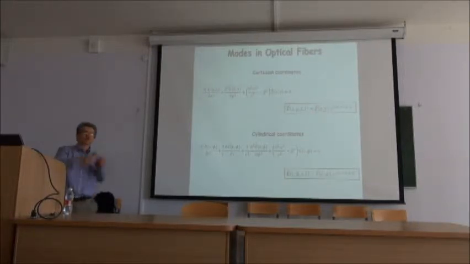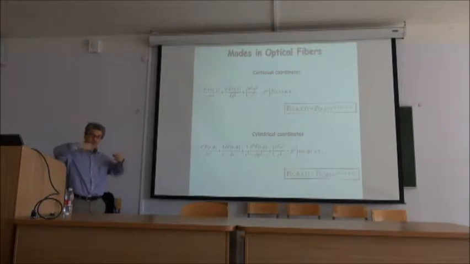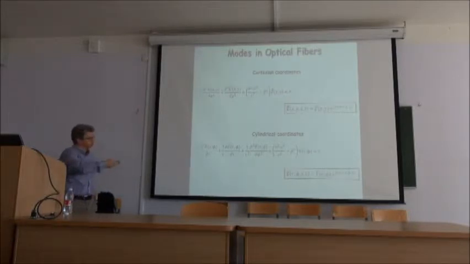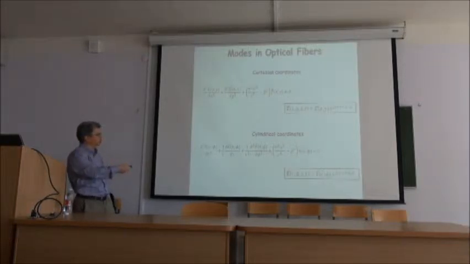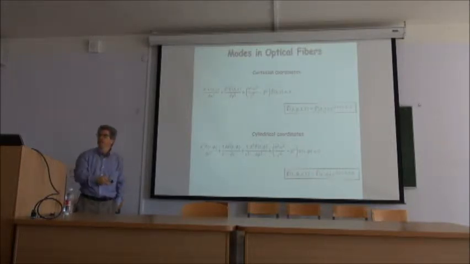For dealing with fibers, as a fiber is a rod and has circular symmetry, we move to cylindrical coordinates, which are the convenient coordinates. Instead of using x, y, z, we're going to use r, theta, and z. So the equation just changed format a little, has the Laplacian in a more convenient format, and now we're going to look for solutions that depend on r, phi, and z.